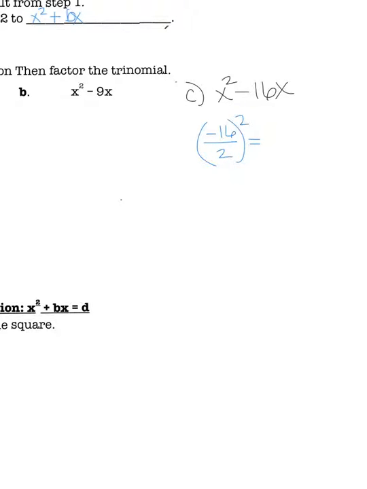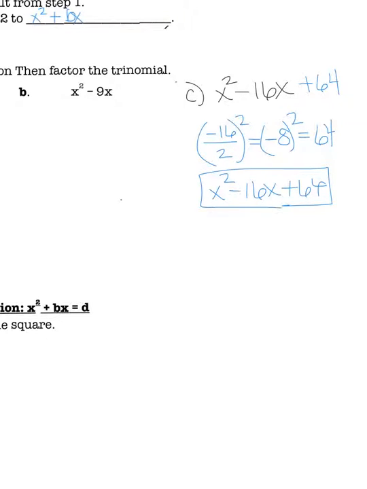So negative 16 divided by 2 is negative 8, and I wouldn't skip this step. And then when you square it, you end up getting positive 64, because a negative times a negative is a positive. So we would have to add 64 to the x squared minus 16x to make it a perfect square. So to be a perfect square trinomial, we have x squared minus 16x plus 64.